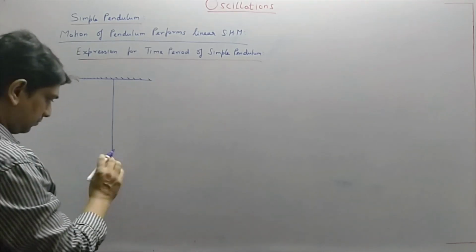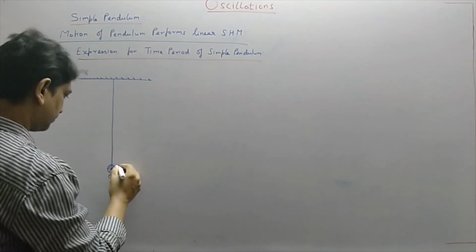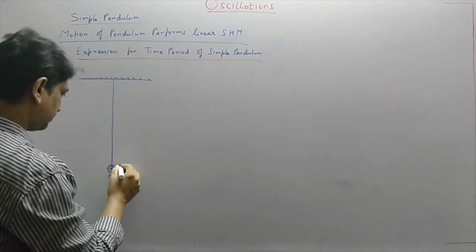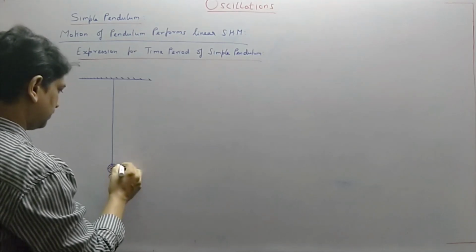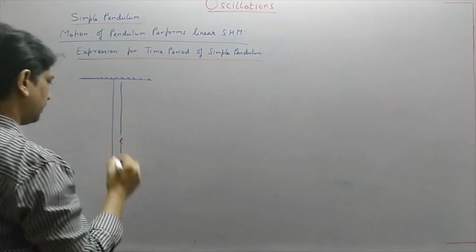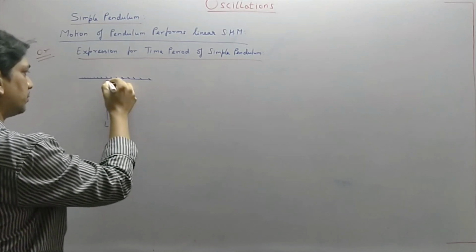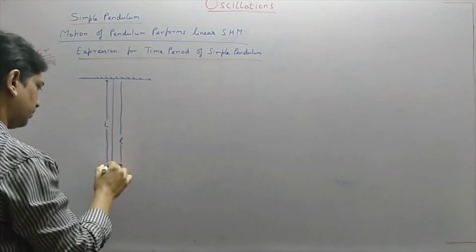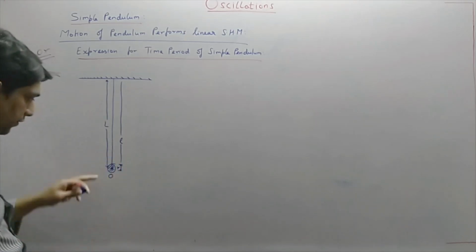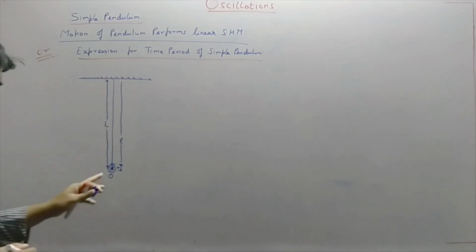The metallic bob has radius r, and small l is the length of the string. The total length of the string is from the rigid support to the center of gravity of the bob. From the center of the bob to the rigid support is the total length of the string. This is our pendulum.